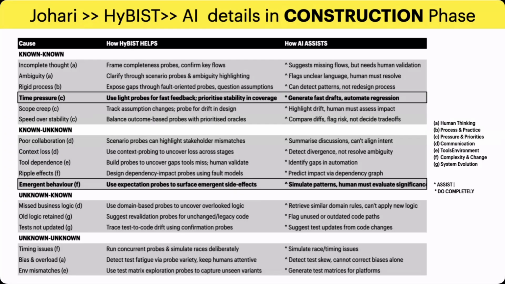On the other hand, let's say the unknown unknown, which I've highlighted, which is the emergent behavior. That means something emerges out of something new, and therefore we're trying to figure out what I can expect, and how I can come up with probes driven by expectations or outcomes to find potential side effects that emerge. So I'm using the methodology from a hypothesis perspective to come up with certain probes, looking at it from outcome and expectation, and build certain interesting probes.